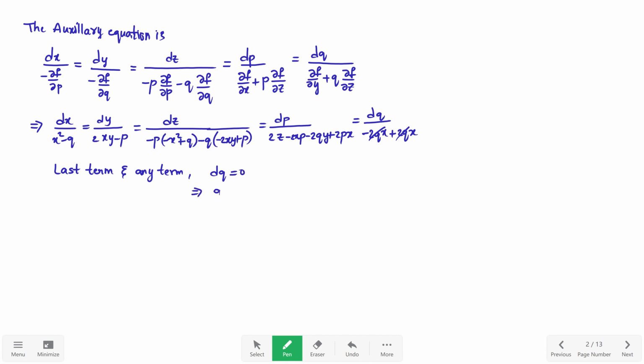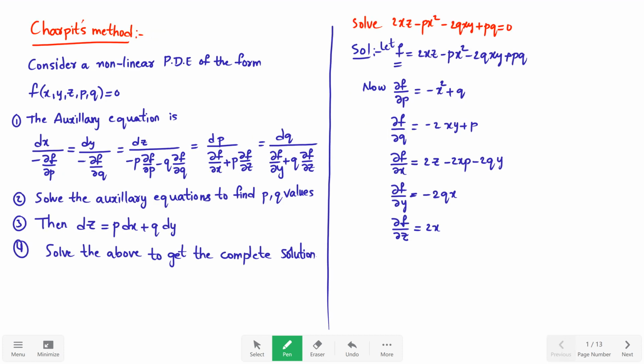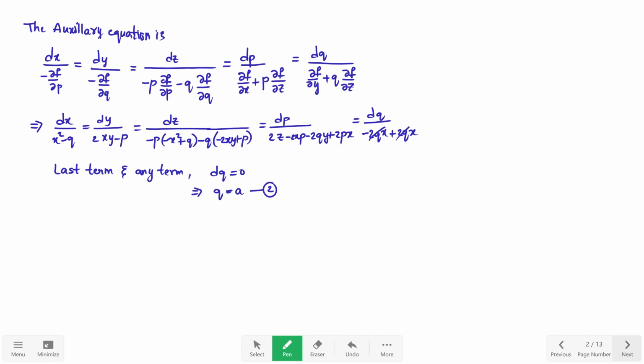If we integrate this, we get q equal to a. Let us consider this as one solution and let it be equation 2, and consider the given equation as equation 1.